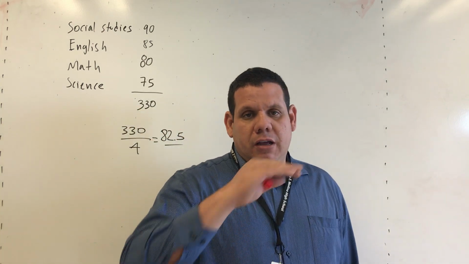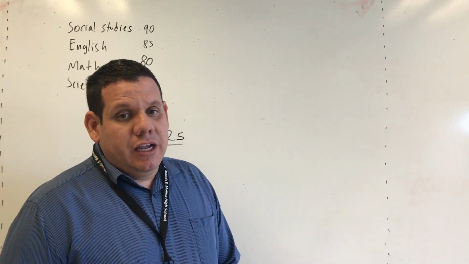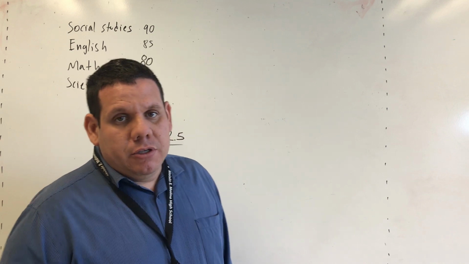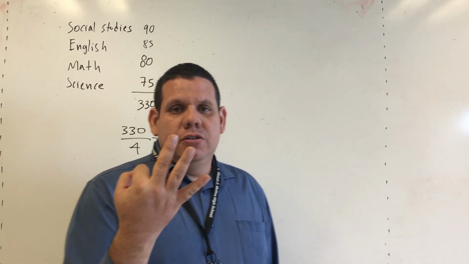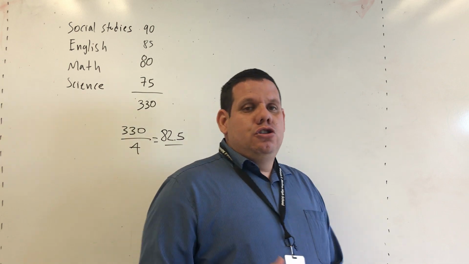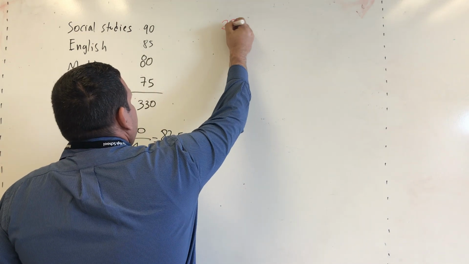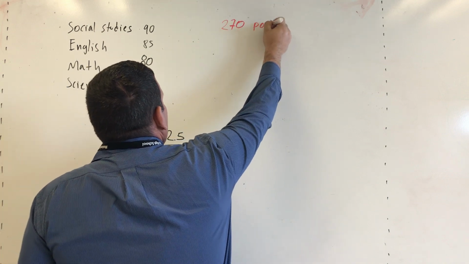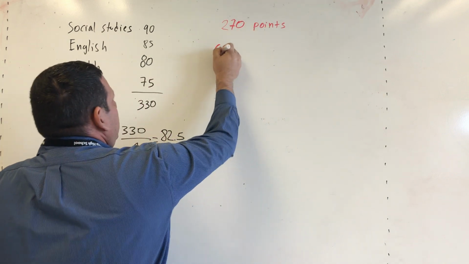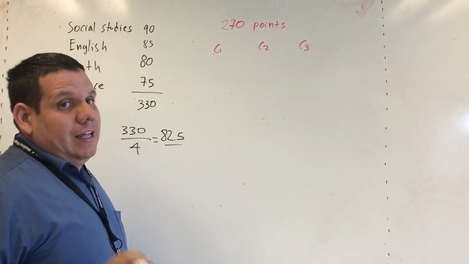So you want to keep your 90 or more than 90. Okay, how many points do you need at the end? Remember that we have 3 cycles per semester. So 90 times 3 is 270. So you need to have at least 270 points.